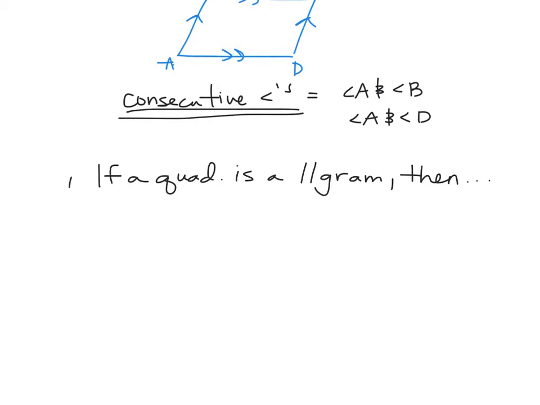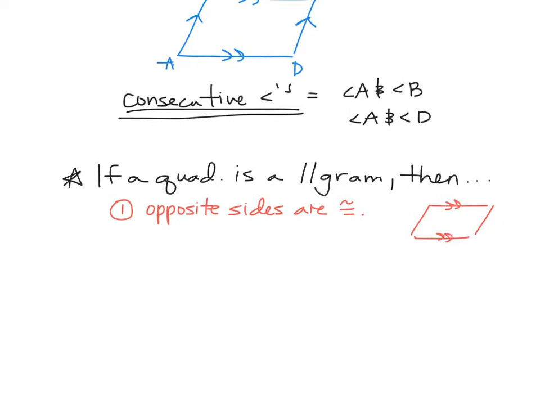Okay, so they all start with this, and then the first one says that opposite sides are congruent. Okay, so if a quadrilateral is a parallelogram, in other words, if I have this setup where these are parallel and these are parallel, then we also know that opposite sides are congruent.